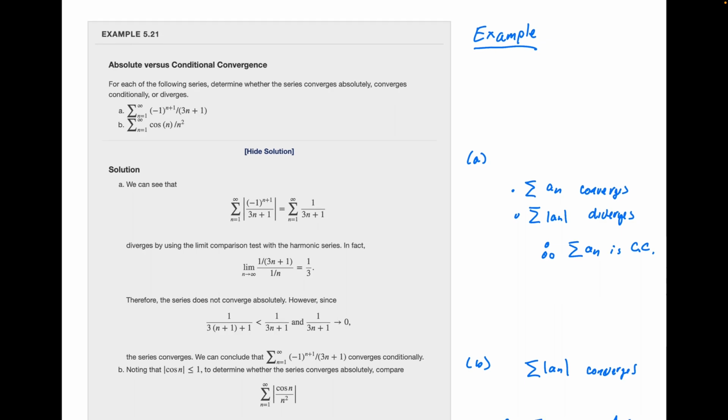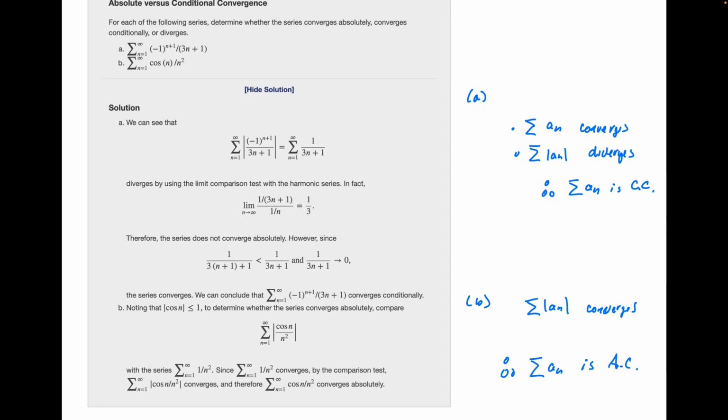Some examples. We have example 521. Two different series are considered. In the first series, we can see that it is alternating, and it's something like the alternating harmonic series.